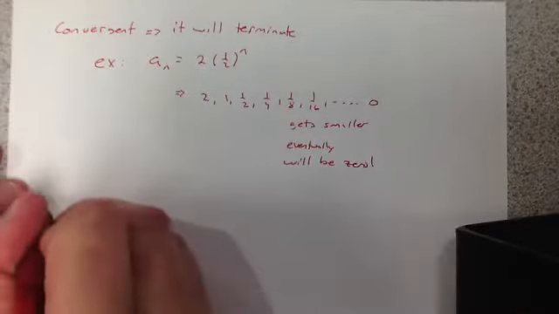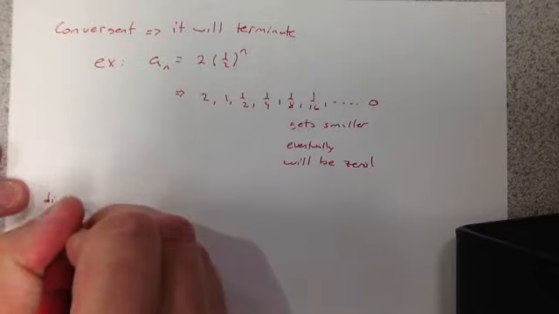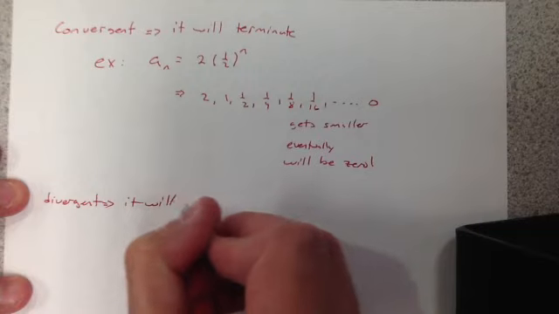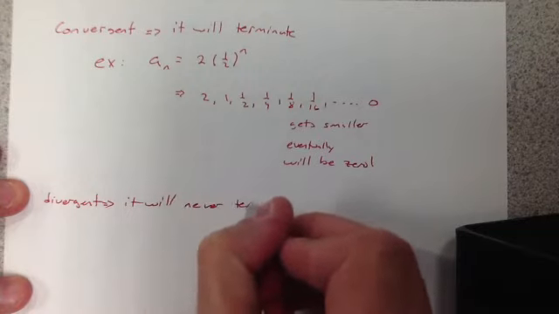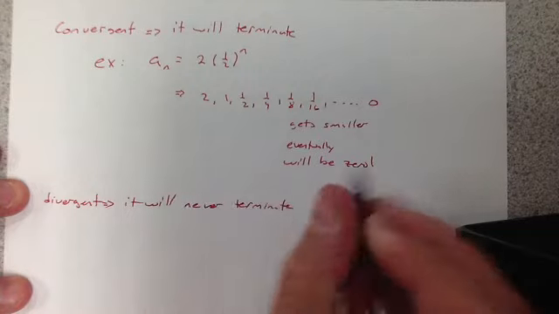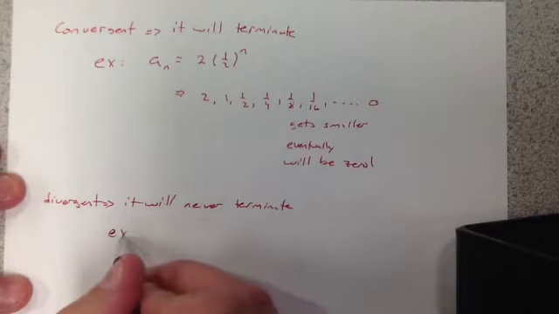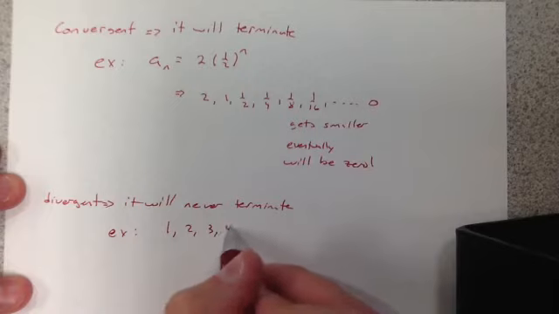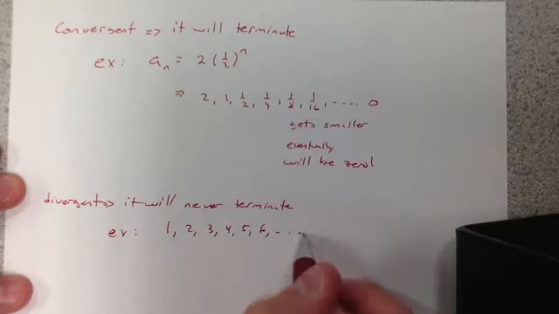Now, something that is divergent means it will never terminate. An example could be something like 1, 2, 3, 4, 5, 6, and so on and so forth.